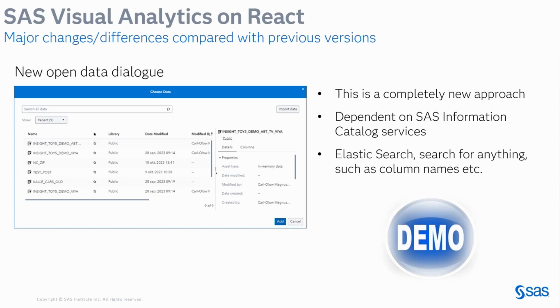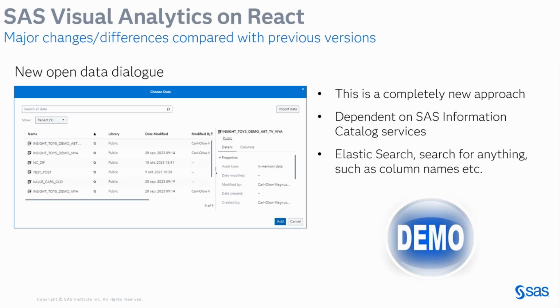Normally, when we open up a data set to work with in VA, we will search using the name of the table or something like that. However, if you have set up the Information Catalog services using different crawlers and that kind of stuff, you could actually expand the search and search for column names.